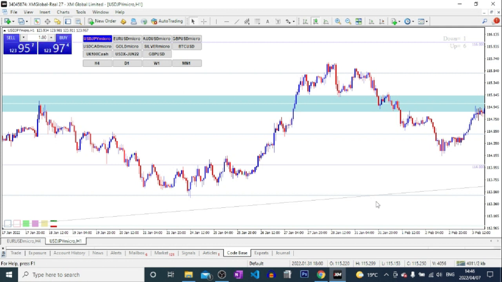We are going to talk about inducement. Somebody asked me what is inducement in forex trading, so I'm just going to try and simply show it on my charts. It's a common concept in trading supply and demand. If you trade supply and demand like I do, it's a common concept called inducement.